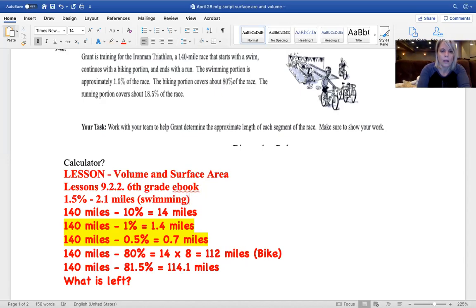And now, they say they want to know what 18.5% would be. The easiest way to do that is find what's left. So if I take 100% and I subtract 81.5%, I get 18.5%.